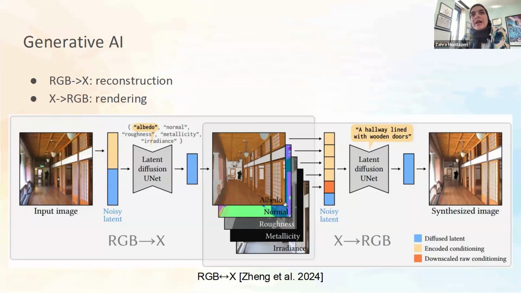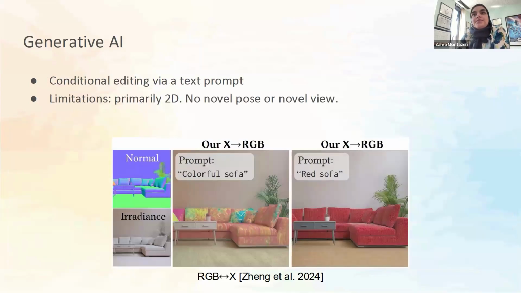And by that, we mean albedo, normal, roughness, metallicity, iridescence. So you technically split it out via a diffusion network. And then you have a second diffusion network where you decode it back into a synthesized image. And this way, we can learn how to generate images directly following text prompts.